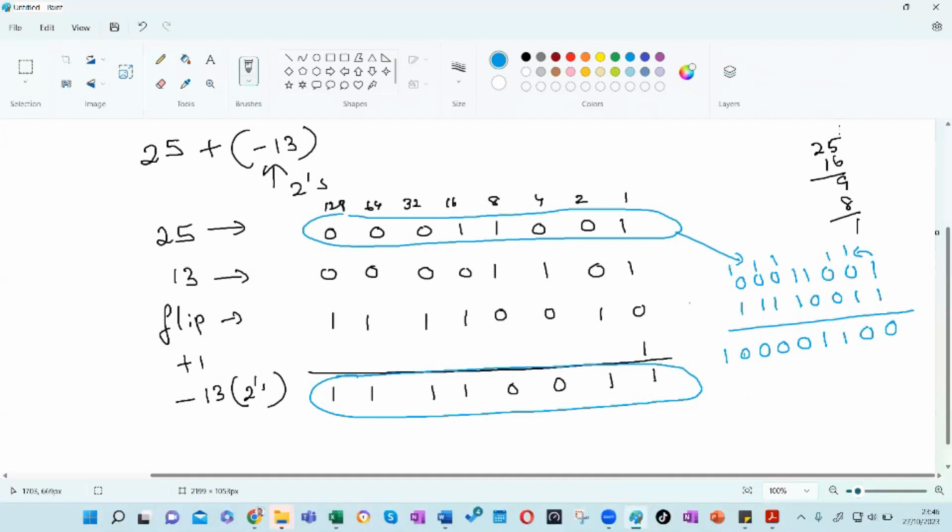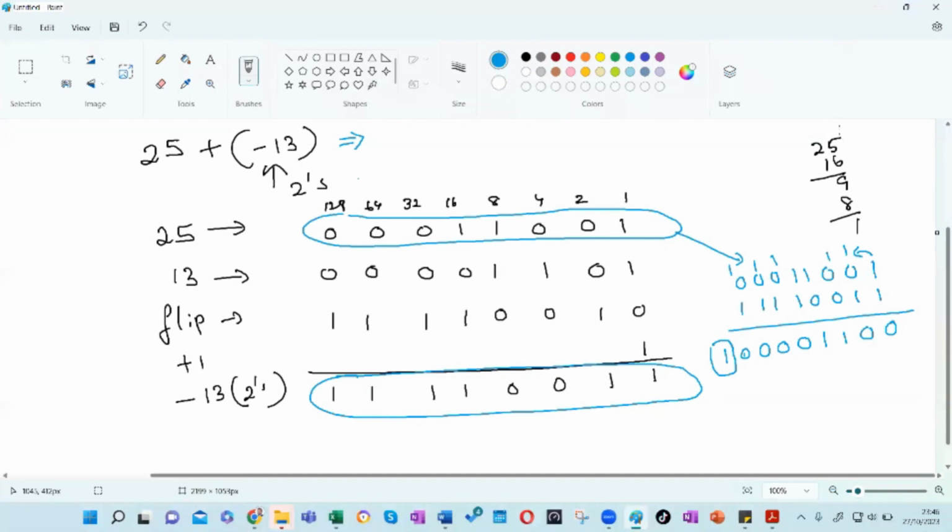Now, what do you notice here? So it's an overflow. There's an overflow. 8 bits, 8 bits, and this one is 9 bits. Now, if you add these two numbers, what is the expected result?